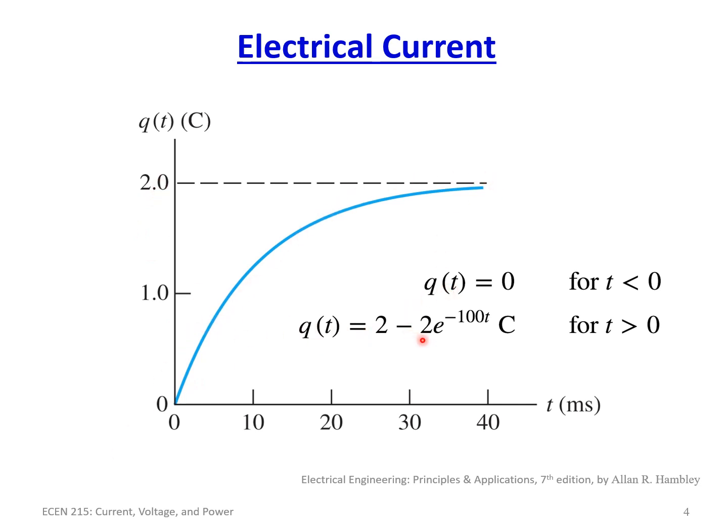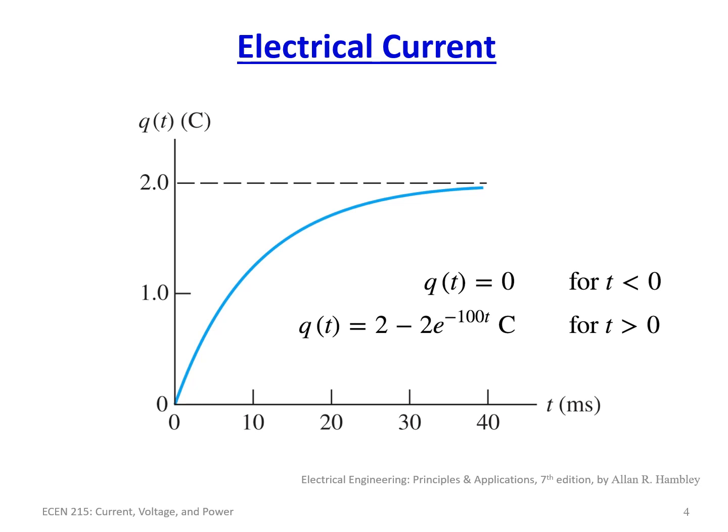This part causes the exponential increase, where as t goes to infinity, this term goes to 0 and you end up with just 2. When t is equal to 0, the exponential is 1, so it's 2 minus 2, and it will exponentially increase. If you wanted to, you could plot this equation in MATLAB or Python or your favorite mathematical tool.